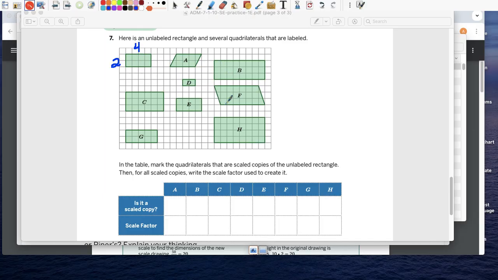If it's a scale copy, okay, let's look at A. Well, if it's a scale copy, first of all, the shape has to be the same. It's a rectangle here. This is a parallelogram. The angles are different. So A is not. What about B? Well, potential. Let's look at the height here. The height's 3. So 2 became 3, right? And then what's the width? 1, 2, 3, 4, 5, 6, 7, 8.